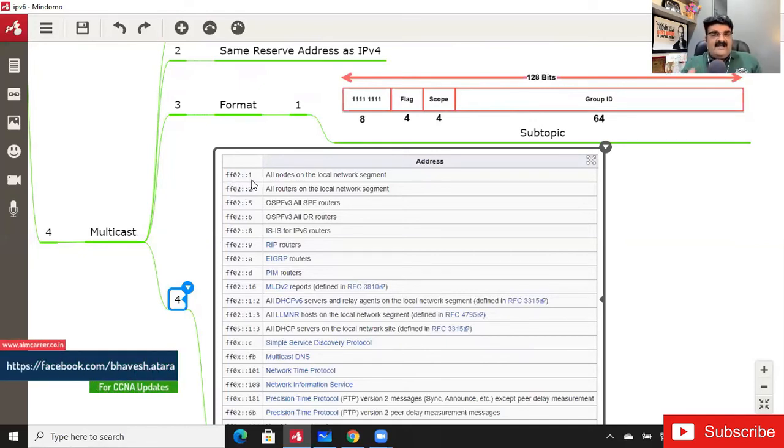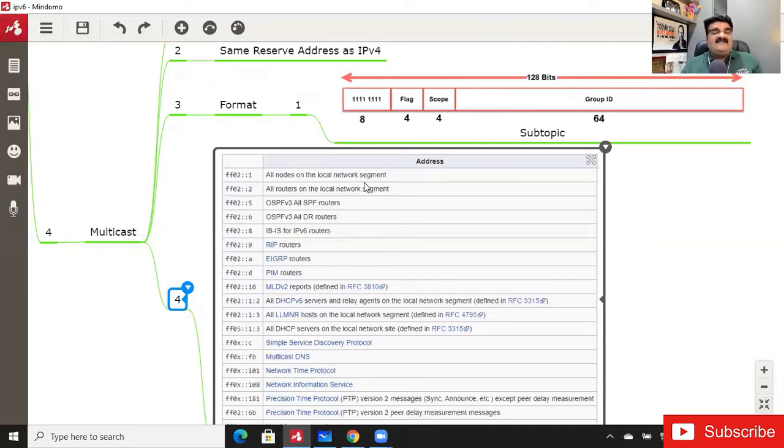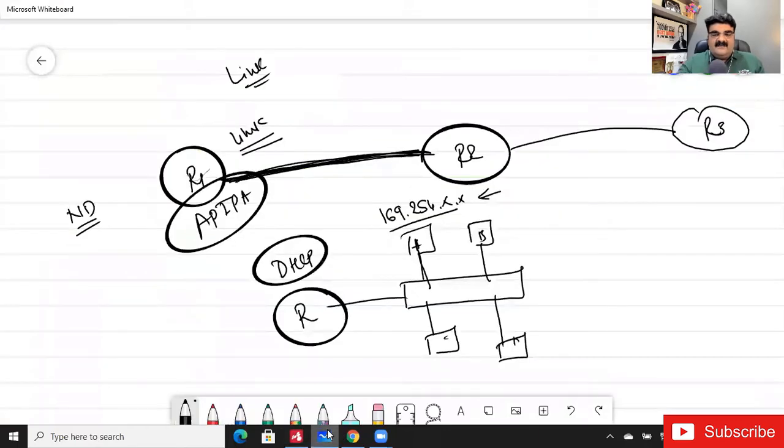This is a reserved IPv6 address, and when you send data to FF02::1, all nodes on the local network segment will get it. For example, if this router sends data using FF02::1, all hosts in the LAN will get this multicast.